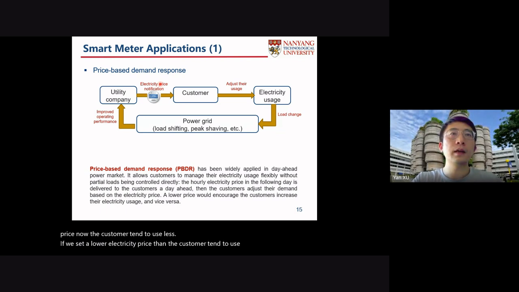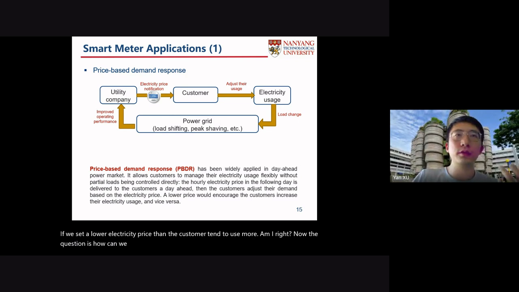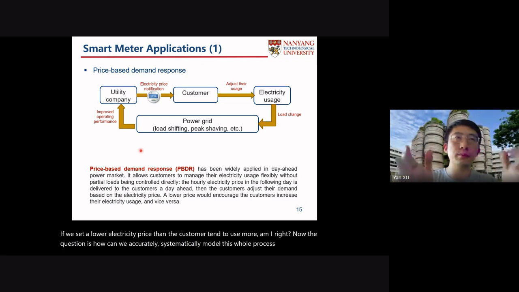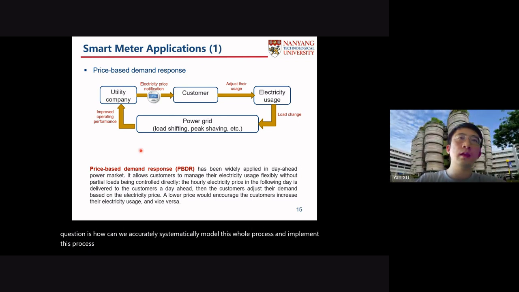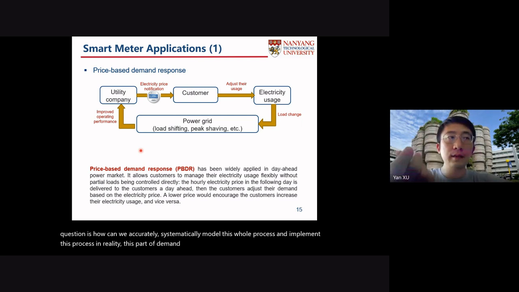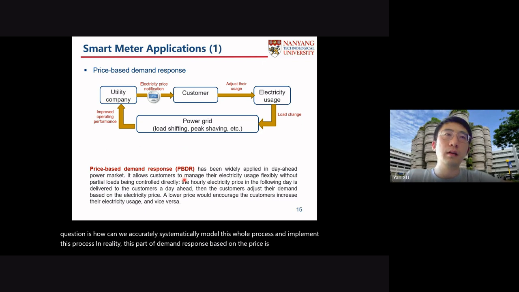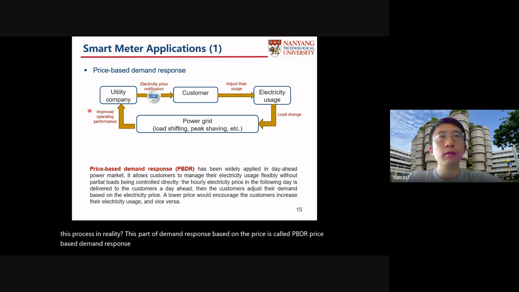Am I right? Now, the question is how can we accurately and systematically model this whole process and implement it in reality? This part of demand response based on the price is called PBDR, price-based demand response. The working principle is shown in this graph.